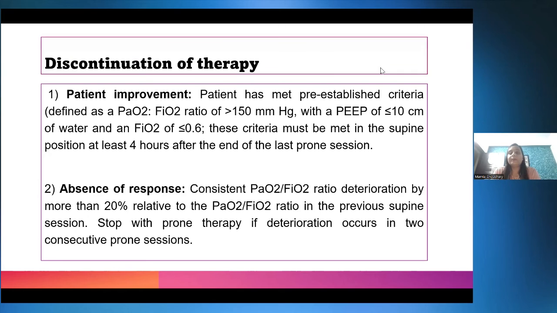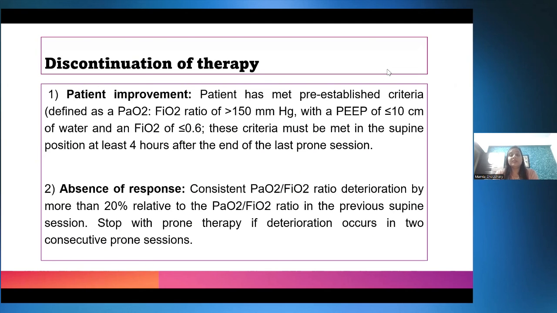In some of the cases, we need to discontinue the therapy before the prescribed time. So what are those conditions in which we need to discontinue the therapy? The positive one is patient improvement. If the patient is meeting the pre-established criteria, showing improvement in oxygenation status, we can discontinue the prone ventilation.